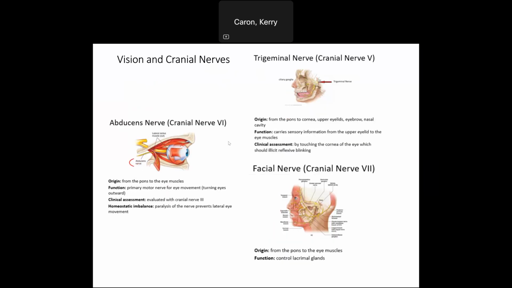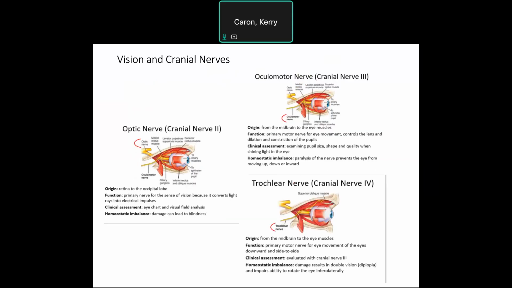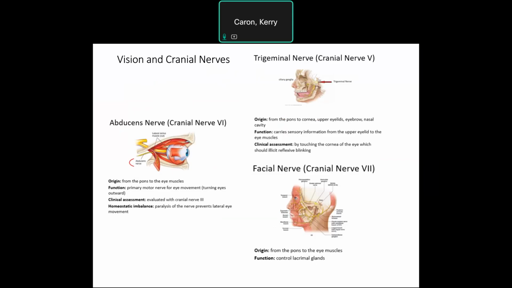We've got more. Cranial nerve 6 has to do with turning your eyes outward. The trigeminal nerve carries sensory information from the upper eyelid to the eye muscles. And there are different ways to assess these nerves. And the facial nerve can also control the lacrimal glands. So 6 different cranial nerves are involved in the eyes and vision.